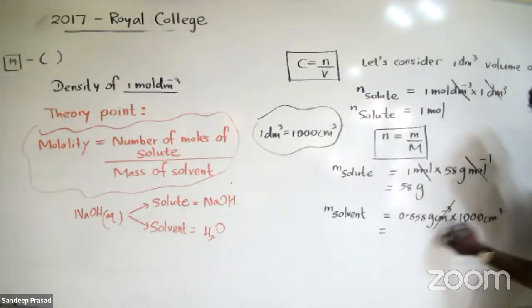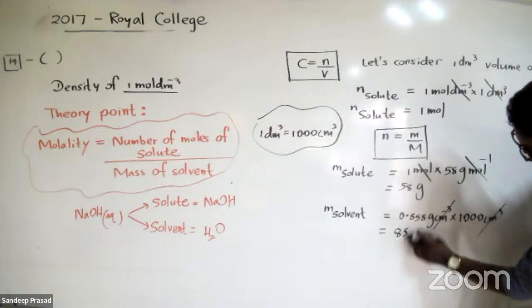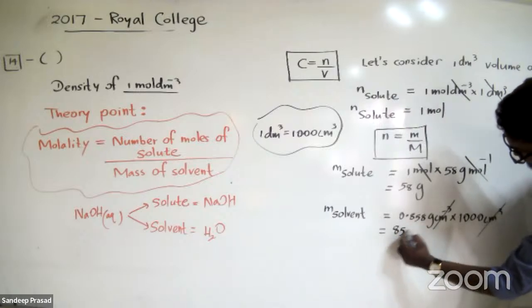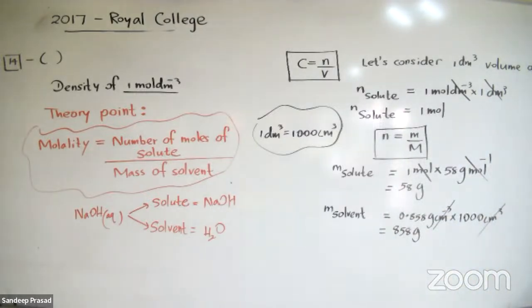Then cubic centimeter per cubic centimeter will cancel off. Then the mass of solvent is 858 grams. This is the mass of solvent. Okay, so what I have done, very easy: I'm considering 1 cubic decimeter volume of the solution.